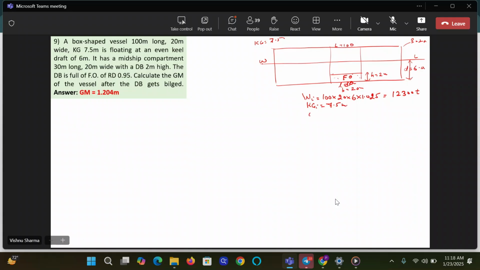We can calculate the small w, the weight of the tank content, that is 30 into 20 into 2 into 0.95. Was it 1160 or 1140, guys? 1140. Yes, sir. 1140 tons. KG of the fuel oil is 2 by 2, equal to 1 meter.